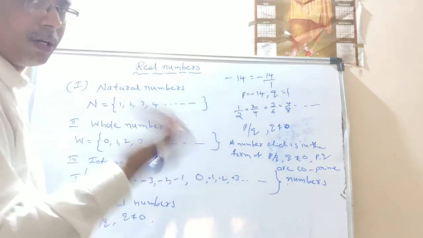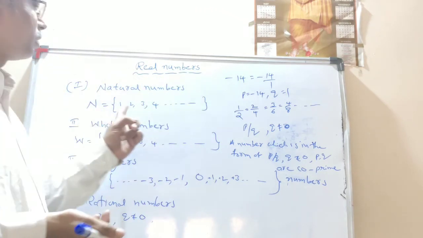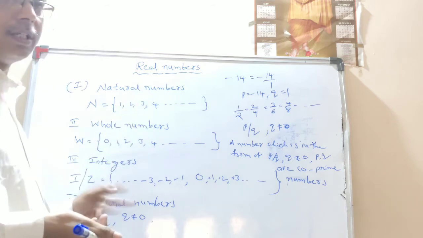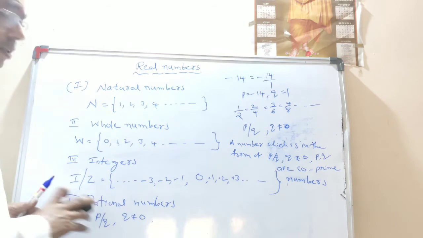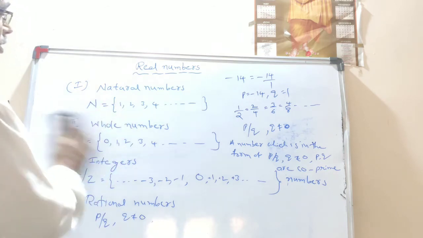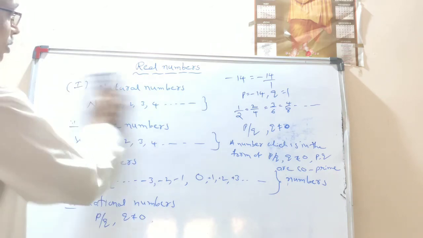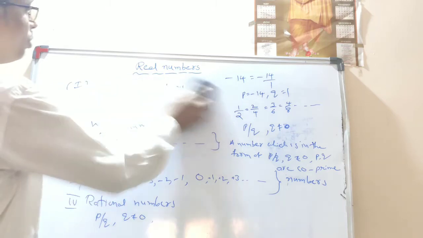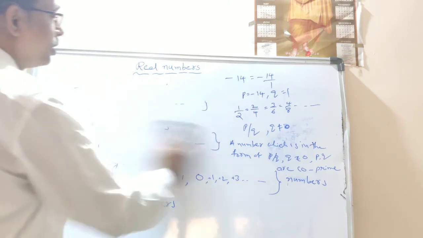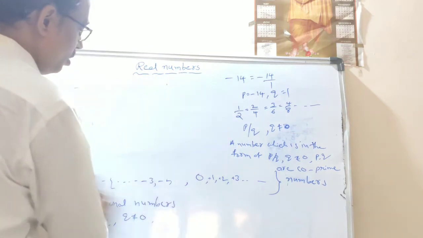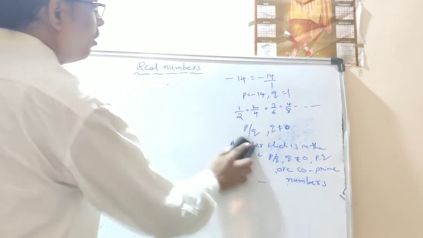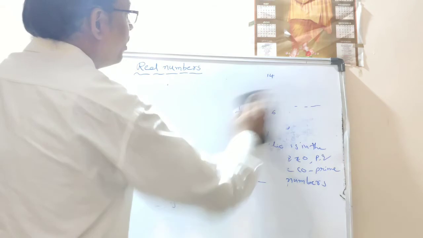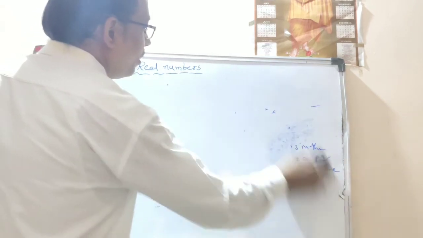So on the number line, we can represent whole numbers and integers very easily. Okay, let us recall those representations on number lines. For example, I am taking first of all whole numbers. How can we represent whole numbers on a number line?